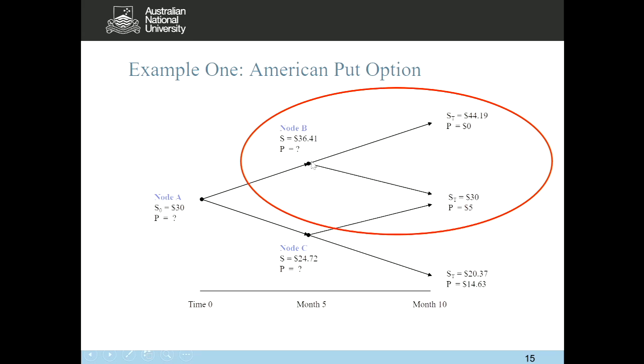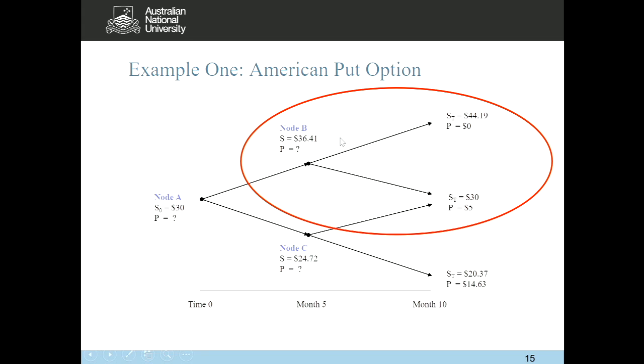Upper right branch. In other words, we are standing at this point, node B, all right? We're standing here and we're thinking 5 months ahead. What is the expected payoff of the put option? Well, we know the probability of going up. There's a 50.58% chance it goes up. If it goes up to 44.19, it has a value of nothing.